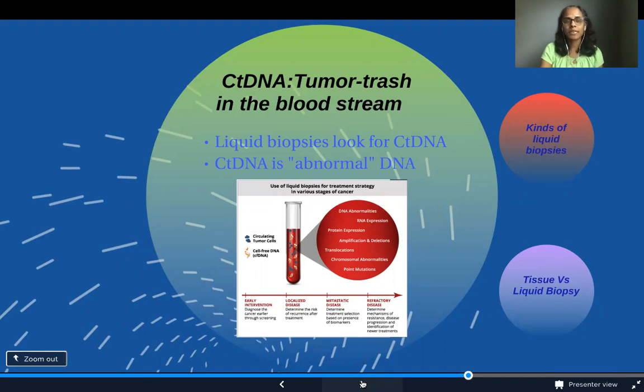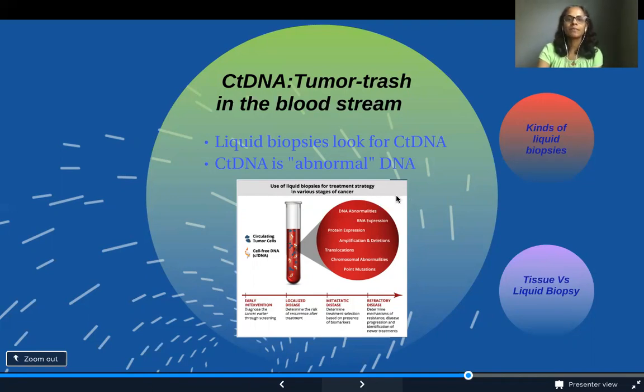Tumor cells also do this, but because tumor cells have mutated DNA, we can now find ctDNA by virtue of its mutations and then use it as an indicator for the presence of tumors in our body. So liquid biopsies actually look for ctDNA, or circulating tumor DNA. And as I said, the assumption is that circulating tumor DNA is abnormal DNA, and therefore we can detect it.